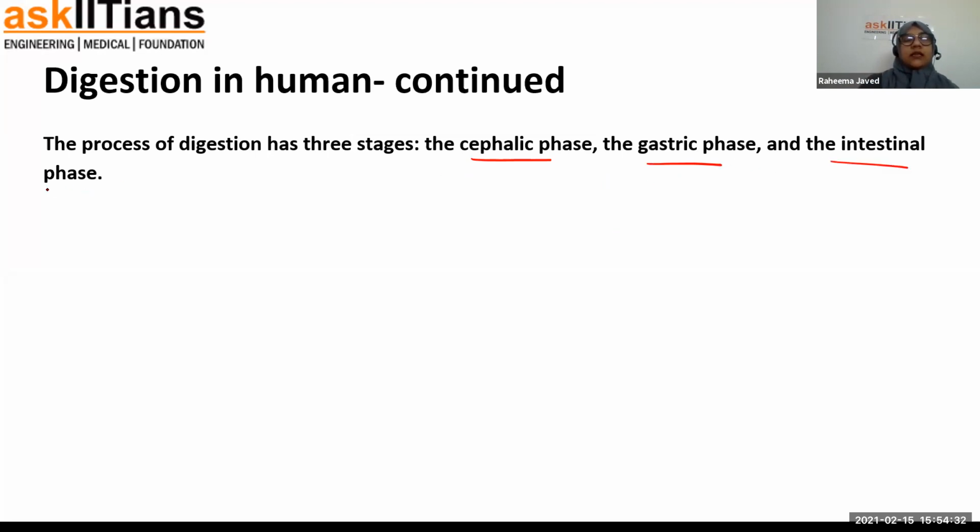And lastly, the intestinal phase, where the food finally reaches from the stomach into the intestine, and in the intestine, the intestinal juices are secreted, where further digestion of the food products takes place, and also absorption takes place.